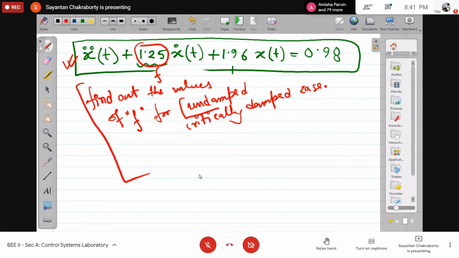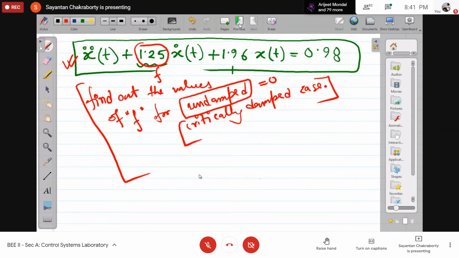So the undamped case is very simple. For this, it should be equal to 0, right? What you have to do is find out the value of f so that the response is critically damped. So this will be part of an assignment. Then you have to solve.